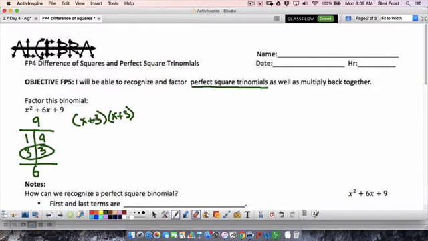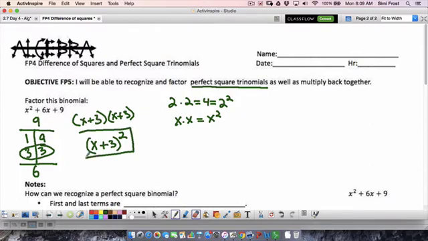Well, if I wanted to multiply these together, I could FOIL them together, or if I'm multiplying the same thing times itself, like for instance, 2 times 2 would be 4, or 2 squared. x times x would be x squared. So x plus 3 times x plus 3 is actually going to be x plus 3 squared. Okay, so this is actually factored.